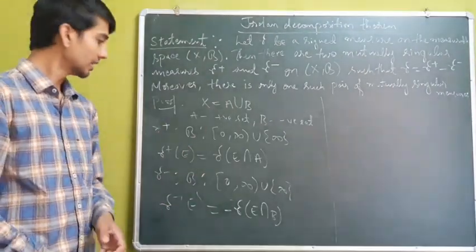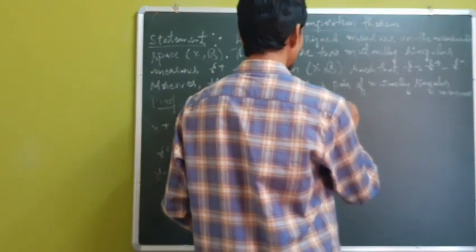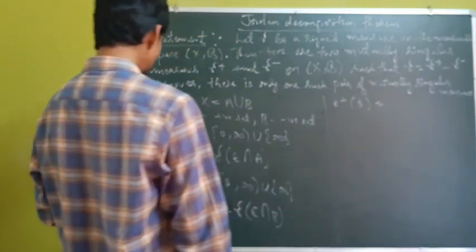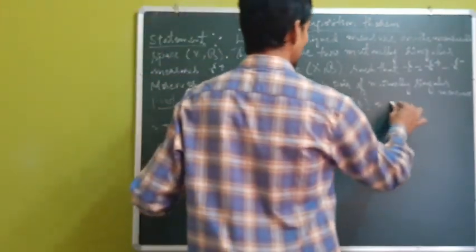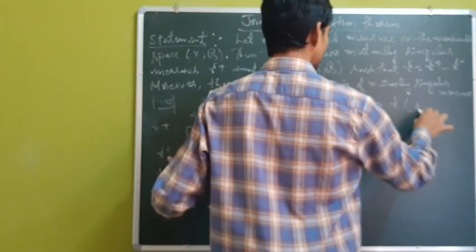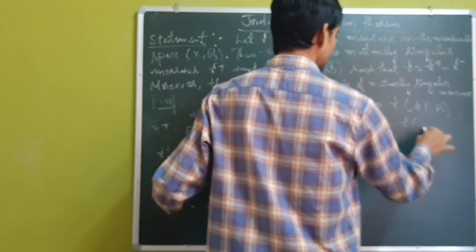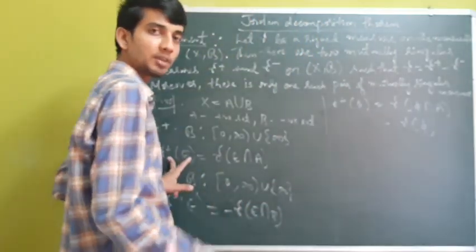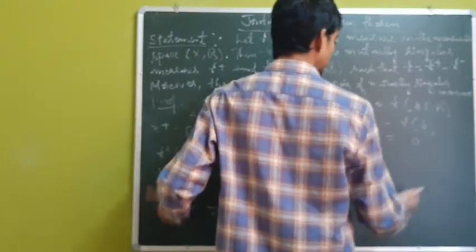Coming to the measure of the empty set, if I consider the positive part of the empty set, by definition the positive part of a set E is E intersection A. So this is nothing but the empty set intersection A, which is the empty set, and since gamma is a signed measure, by definition the signed measure of the empty set is 0.